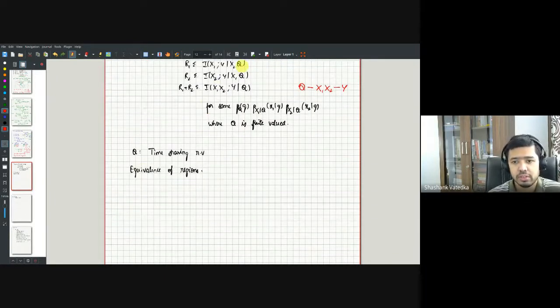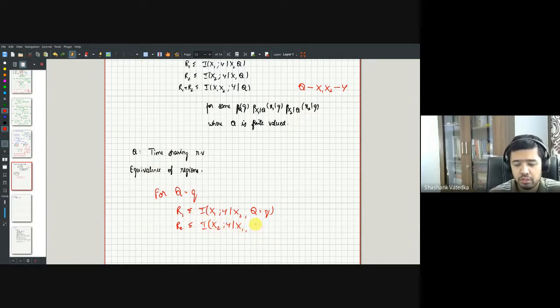It's easy to see because for a particular realization of Q, for Q equal to some particular little q, this essentially corresponds to R1 less than or equal to the mutual information between X1 and Y given X2 and Q equal to little q, R2 less than or equal to the mutual information between X2 and Y given X1 and Q equal to little q, and R1 plus R2 less than or equal to the mutual information between X1, X2, and Y given Q equal to little q.